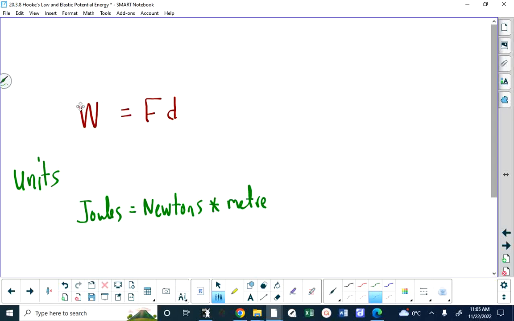And what I said at the time is, let's not worry about why, but when you multiply newtons times meters, you get joules. Okay? And then we could do the same kind of thing with the kinetic energy and the potential energy formulas, but I don't want to go there just yet. Why is it we get that?